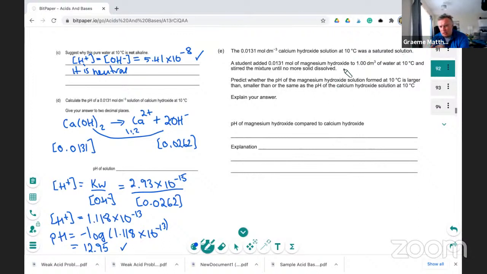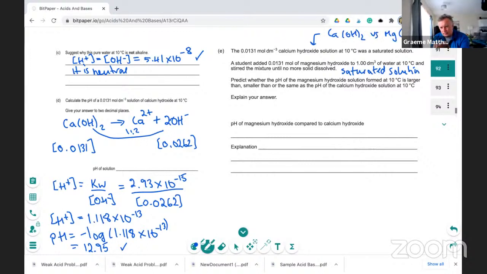Translation: they made a saturated solution. So both are saturated solutions, calcium hydroxide and magnesium hydroxide.